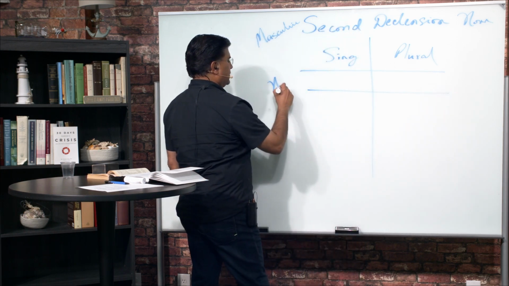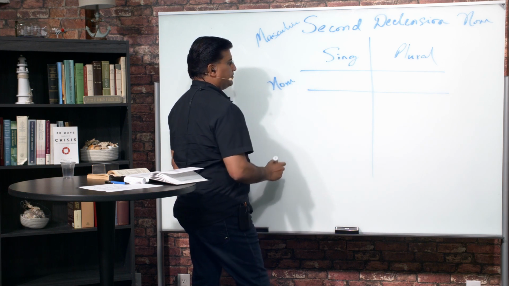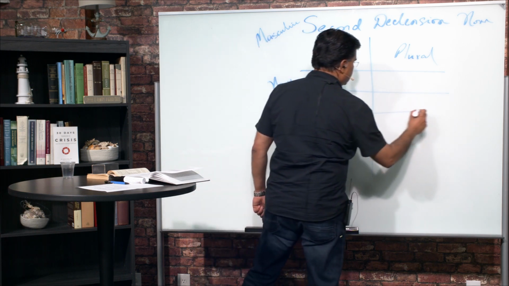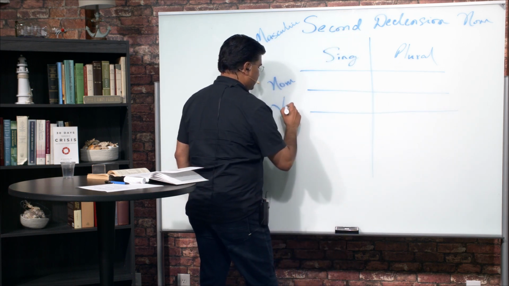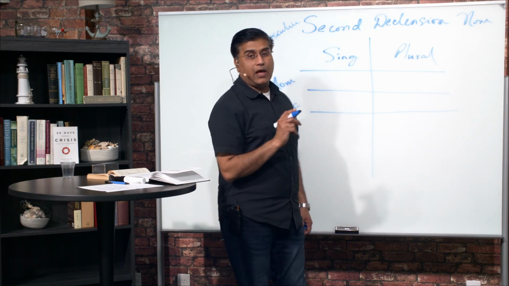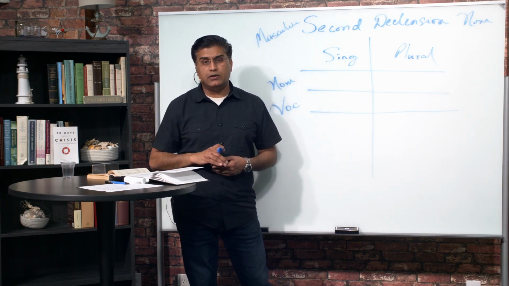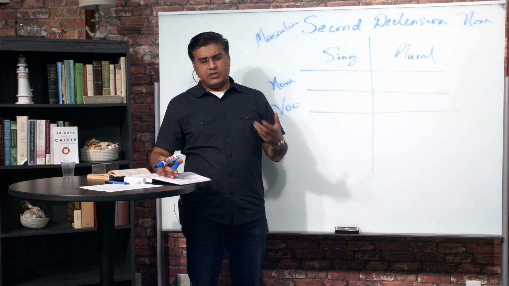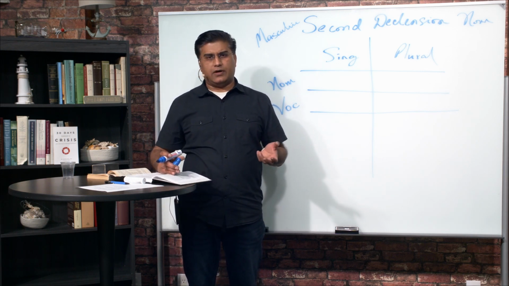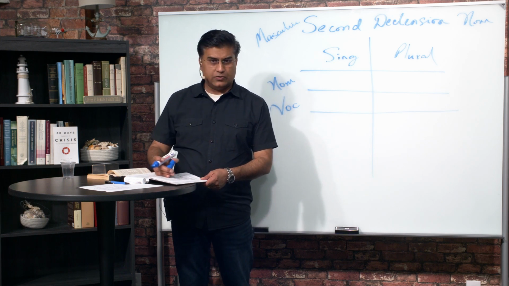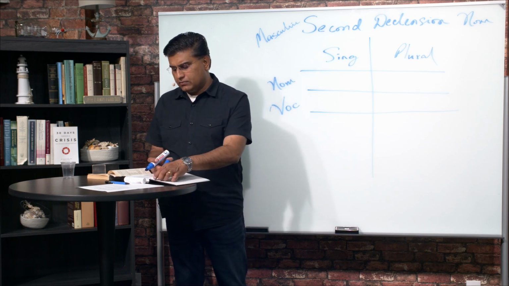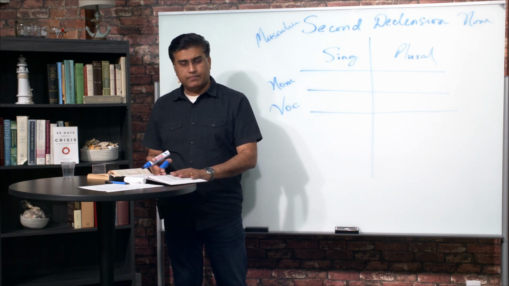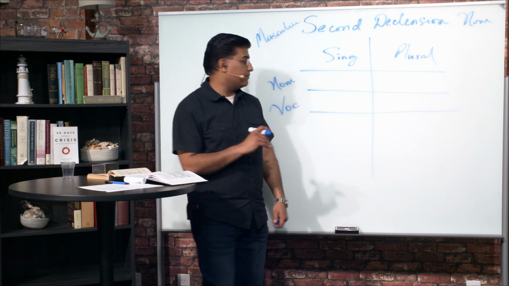First is nominative. Okay. Second, vocative. Now I know in Dr. Black's book, if I'm not wrong, he goes from nominative, genitive, dative, accusative, vocative, but we're going to do it this way and memorize the paradigm the way I'm showing it to you now.